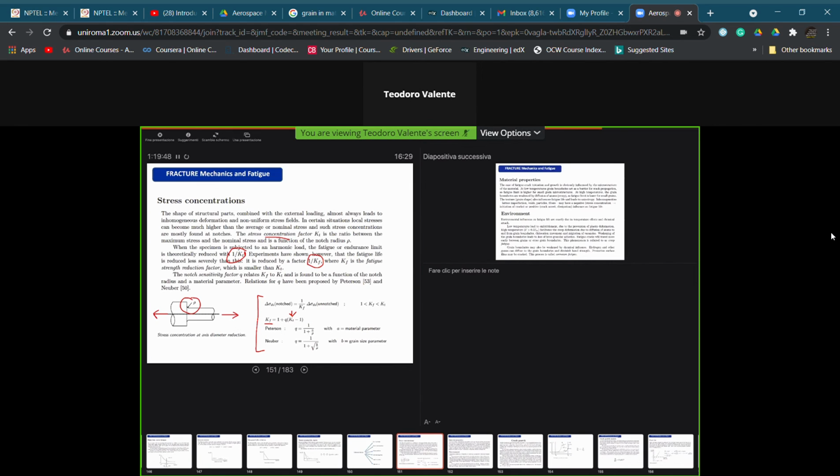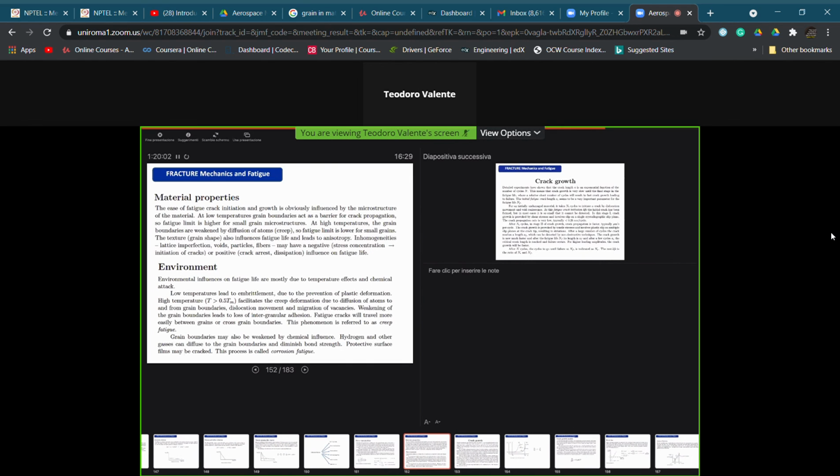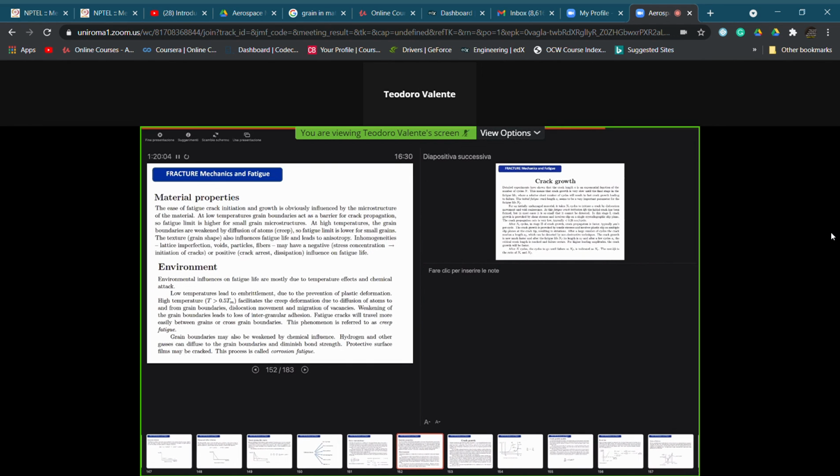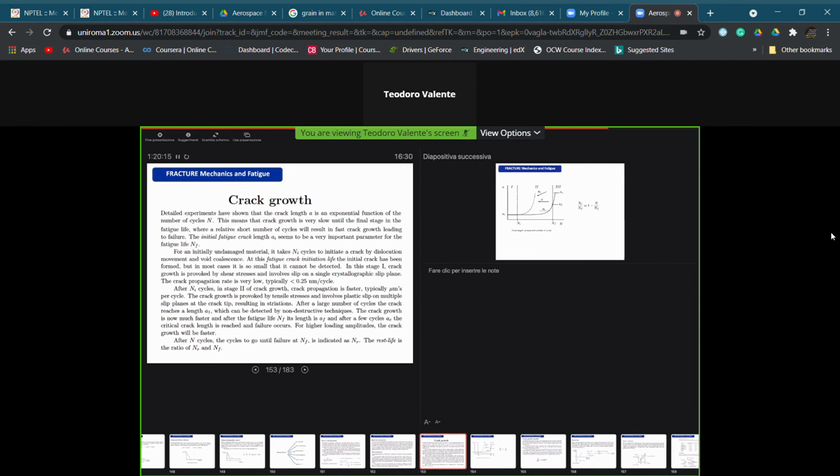Here you have two models, one depending on a material parameter, so we need to know these material parameters, or this one, for example, related to the grain size parameter of the material itself. Material properties, environment, obviously environment, you can read it, but we can have synergic damage mechanisms, for example, by fatigue and by corrosion, or by fatigue and by creep.